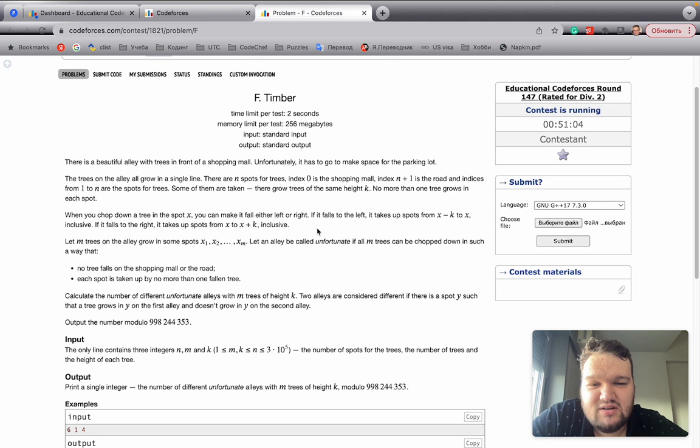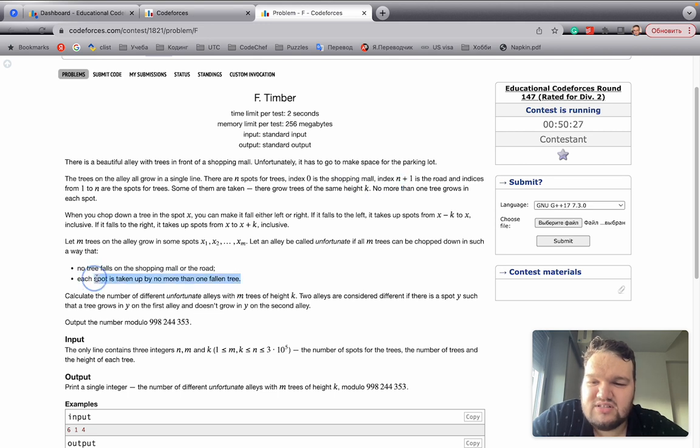Okay, so either x minus k to x or x to x plus k inclusive. Let's say that we have m trees in some spots. Let an alley be called unfortunate if all m trees can be chopped down in such a way that no tree falls outside the segment 1 to n. We have shopping mall in 0 and road in n plus 1.